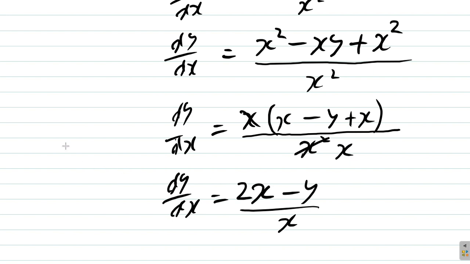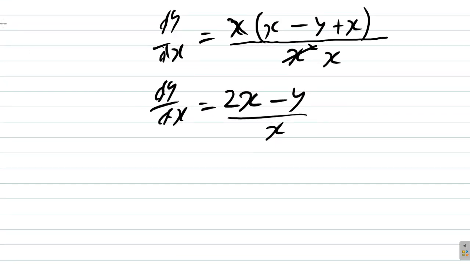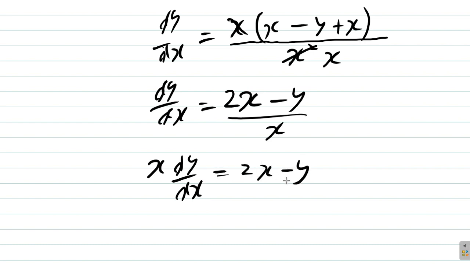And then what we could have here, multiply both sides by x, we have x times dy by dx equals 2x minus y. So we have a first order differential equation involving x and y there. So we formed a differential equation from that original equation. Alright, let's form a few more differential equations.